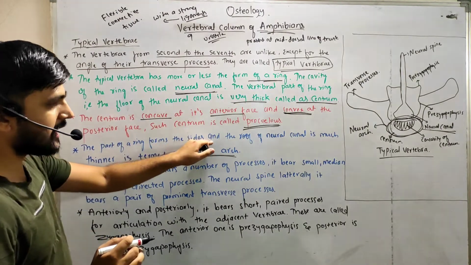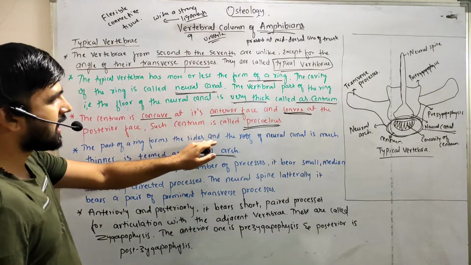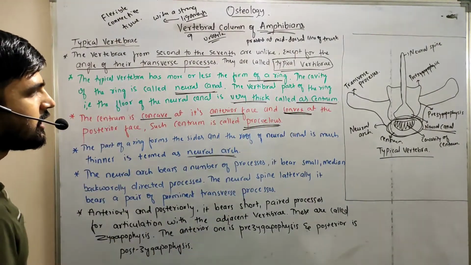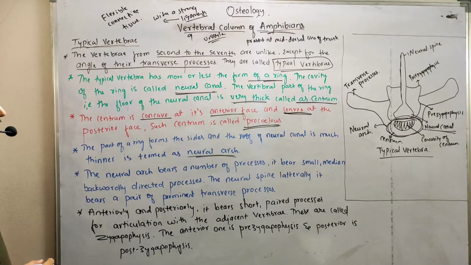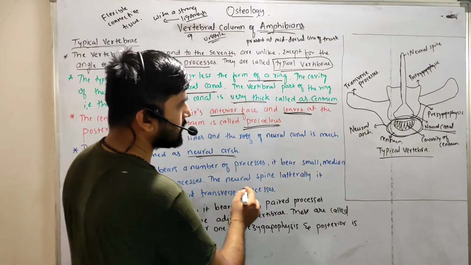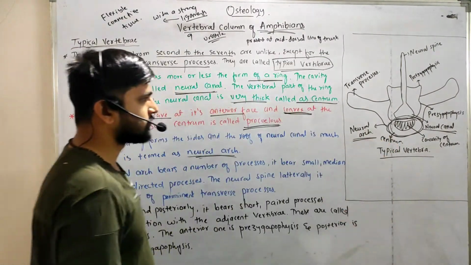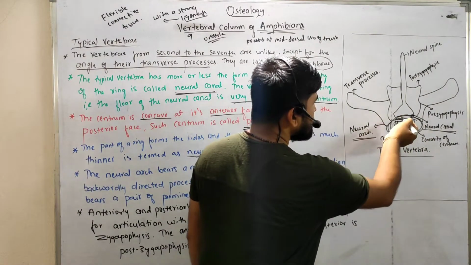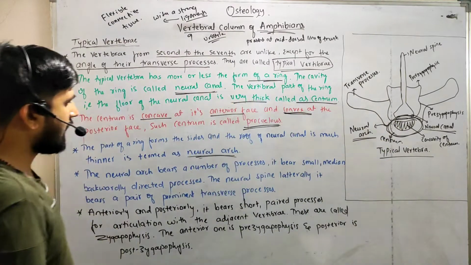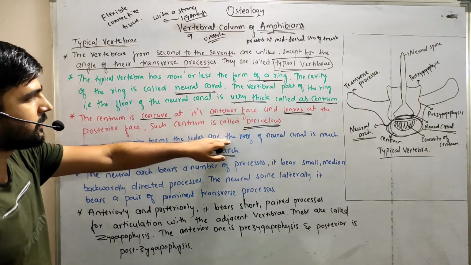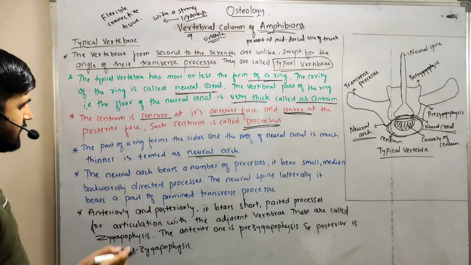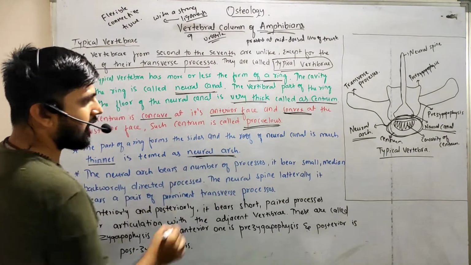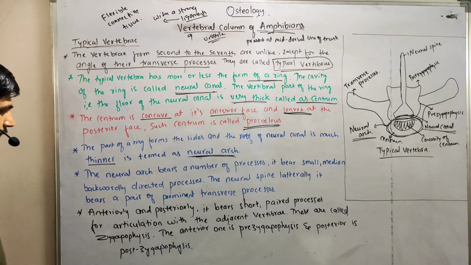So the ring forms the sides and the roof of the neural canal, which is much thinner, termed the neural arch. Here this is the neural canal, and the roof of the neural canal is much thinner. That roof is called the neural arch.